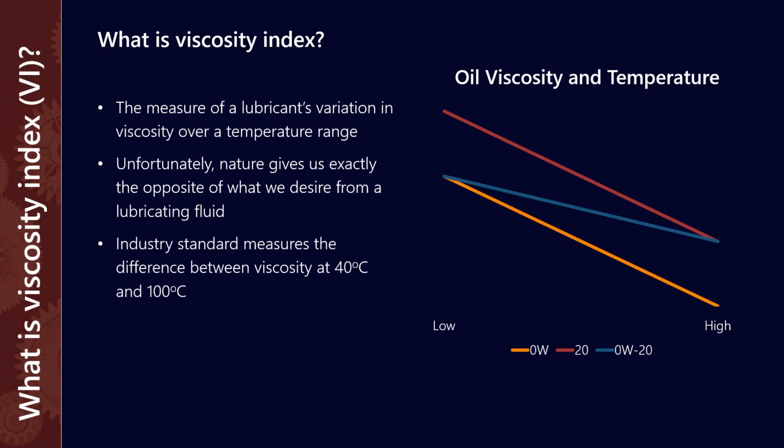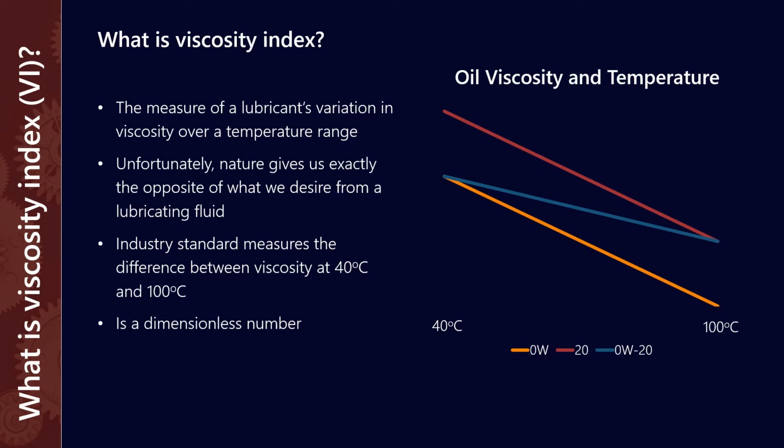Now, the industry standard is to measure the difference between a viscosity at 40 degrees and 100 degrees, and it's this dimensionless number which we talk about as being the viscosity index. Now, because it's a measure of the change between 40 and 100, you can have lubricants at different viscosities that have the same viscosity index.